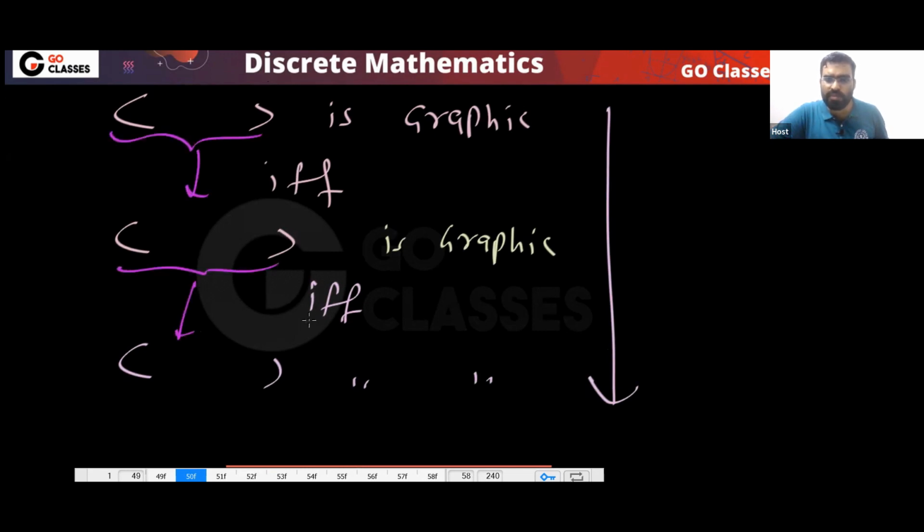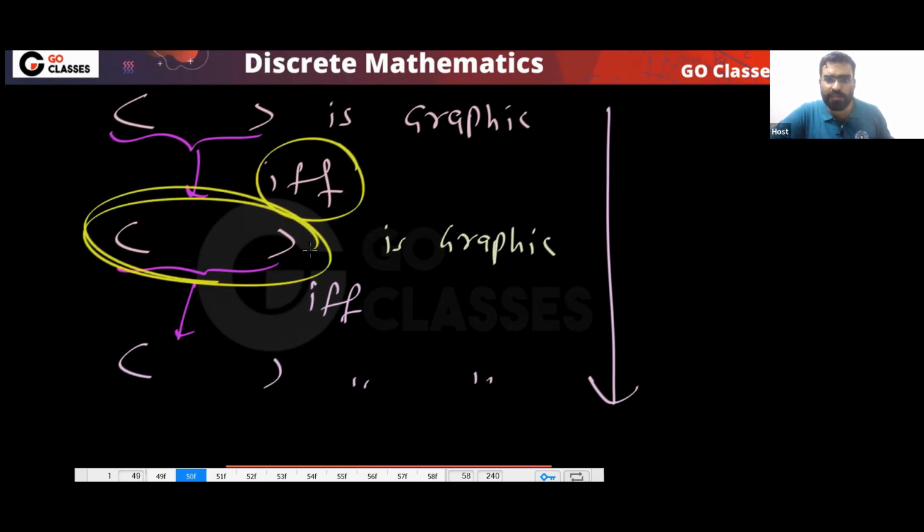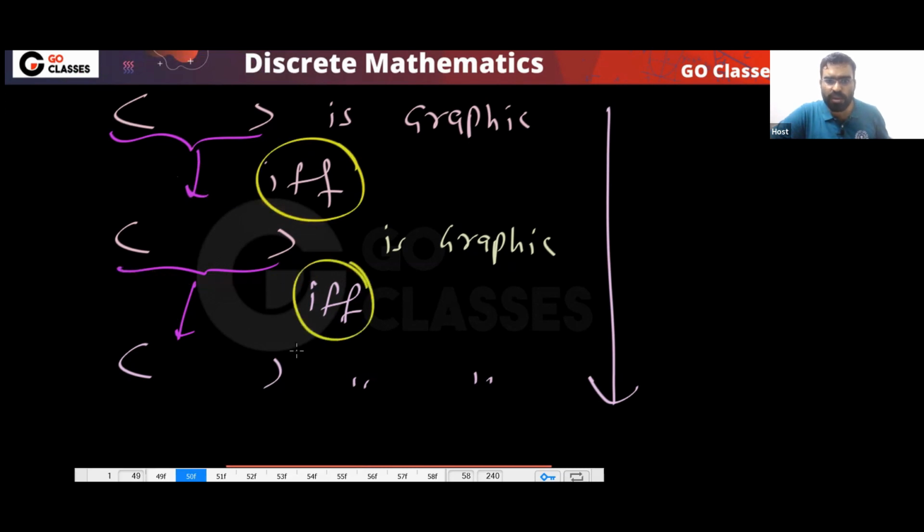You can create a simple graph for this if and only if you can create a simple graph for the new one. So at any time, can you create a simple graph?